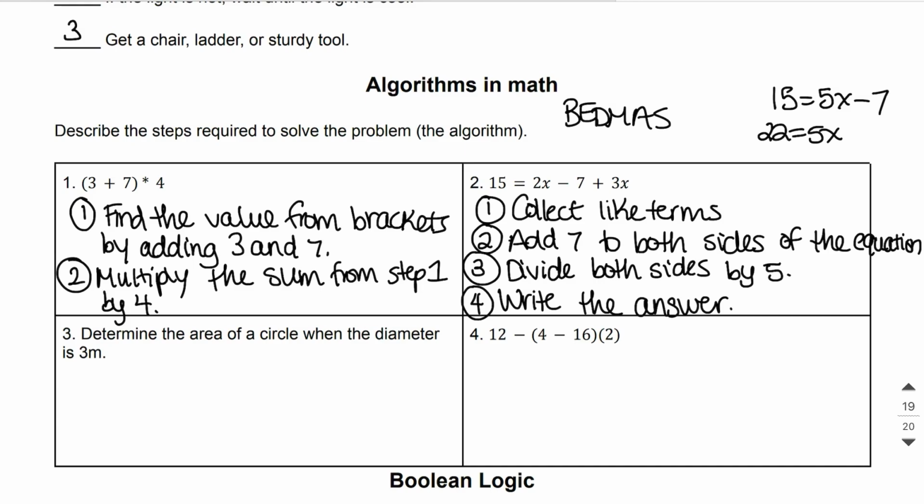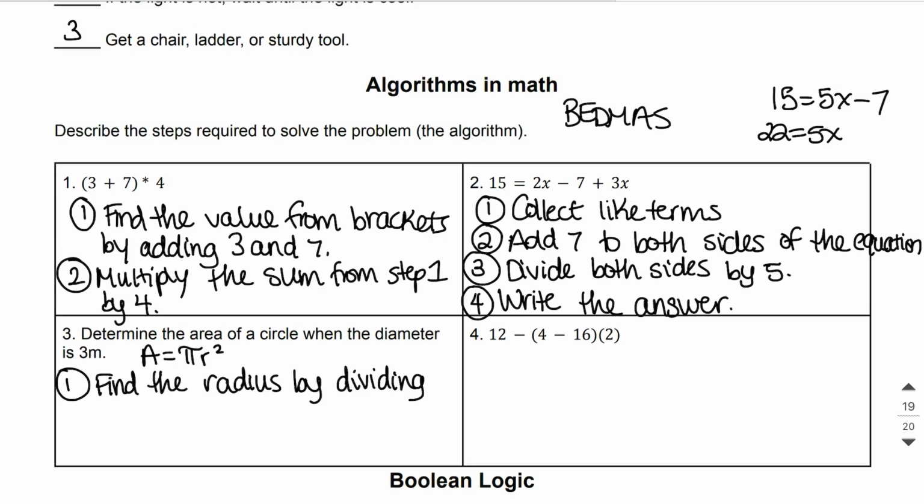Okay, in number 3, it says determine the area of a circle when the diameter is 3 meters. And remember, the area of a circle is pi r squared. So the first thing I need to do is find the radius because I'm only given the diameter. So step 1 would be to find the radius by dividing the diameter by 2.